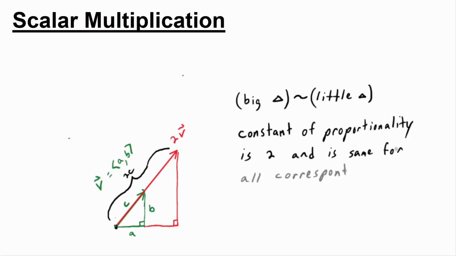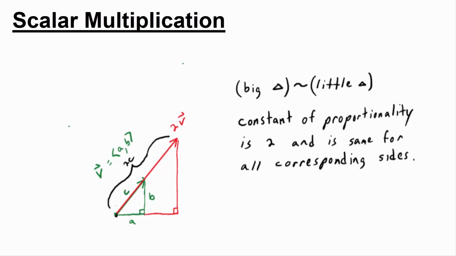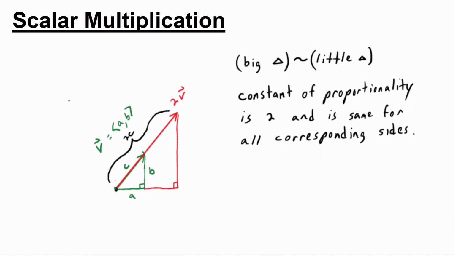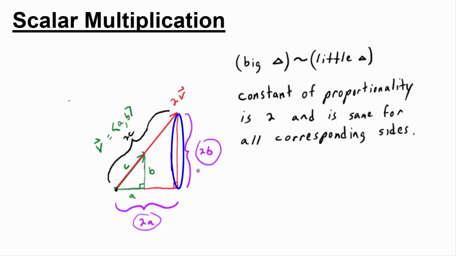That simply means that the horizontal side of the big triangle has to be twice A, and the vertical side of the big triangle has to be twice B. But wait a minute, this is the horizontal component of the vector 2V, and this is the vertical component of the vector 2V.